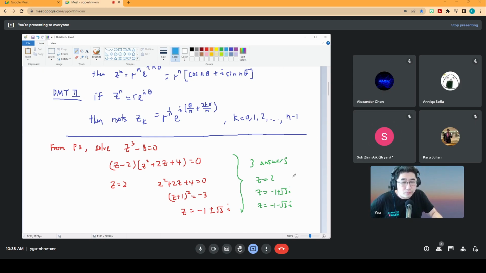Can you do some work, press your calculator and tell me its modulus and argument, written in the Euler form. Give me the answer in Euler form.